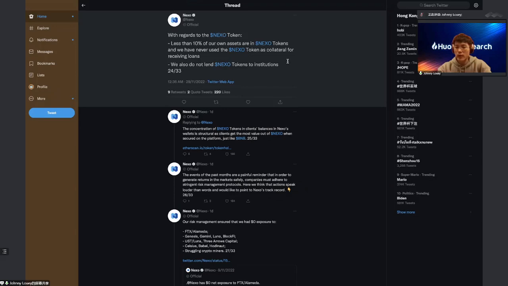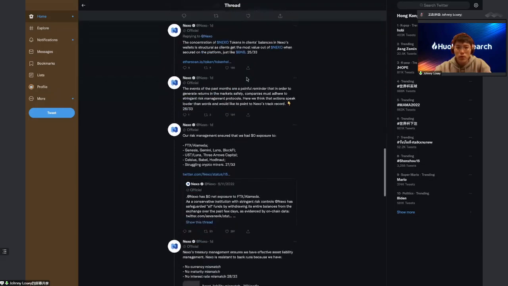And when the illiquid asset was maybe attacked by some whale dumping tokens and causing panic in the public, it just got liquidated. So it's good to hear that Nexo is not offering Nexo tokens as collateral, and is not lending the Nexo tokens out, which is a good thing.